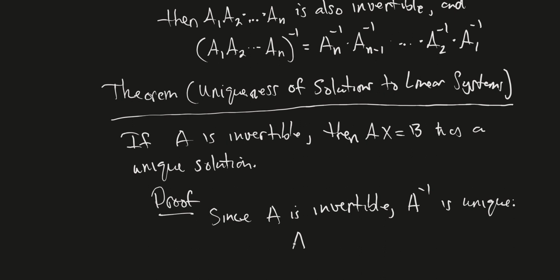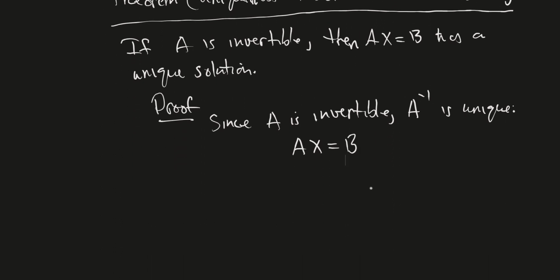If we start with our AX equals B, we multiply both sides by this unique inverse. So A inverse times the left-hand side has to be the same as A inverse times the right-hand side. And again, we use the associativity property, so we associate the first pair like this.